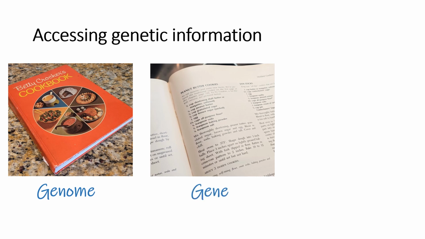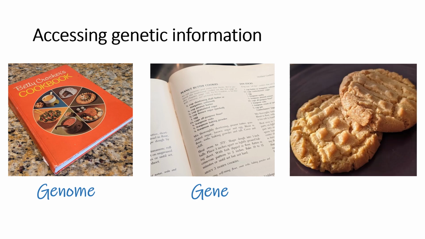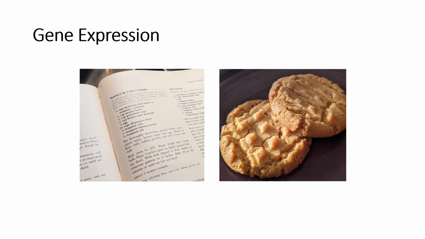Genes are the recipes in our genetic cookbook. They hold the information for making a product. Most of the time, that product is a protein. Gene expression is the process of taking the information that is stored within genes and producing that final protein product.